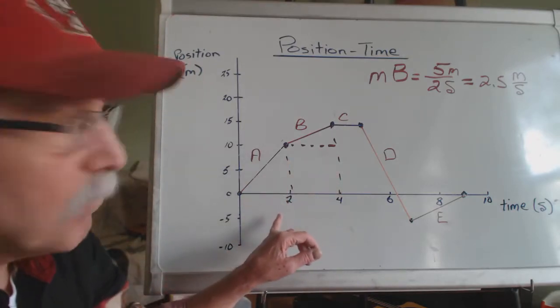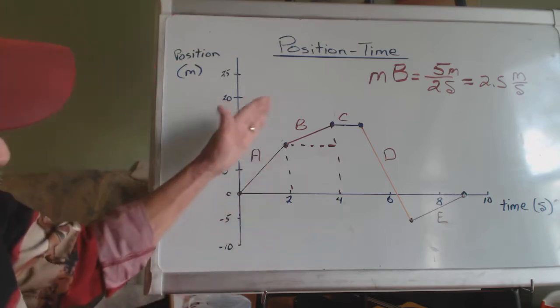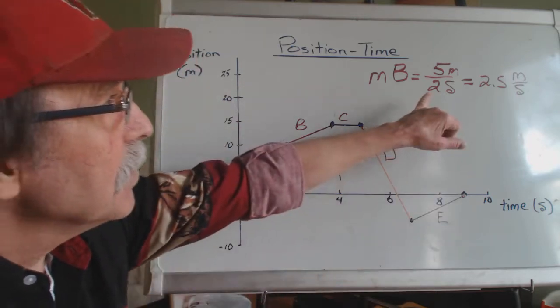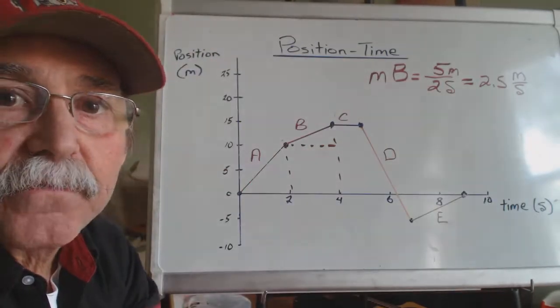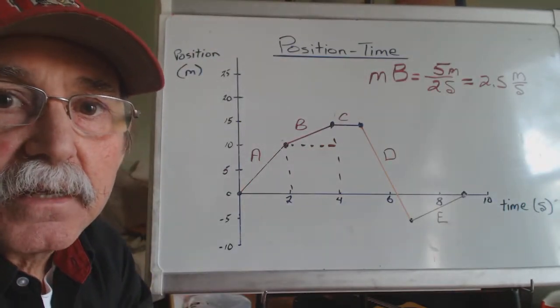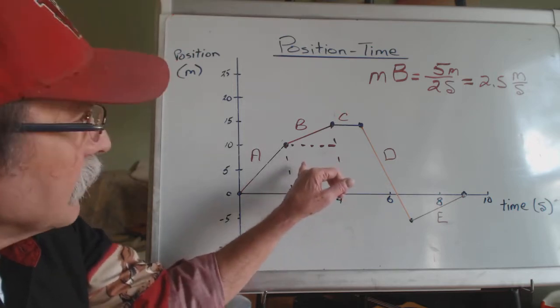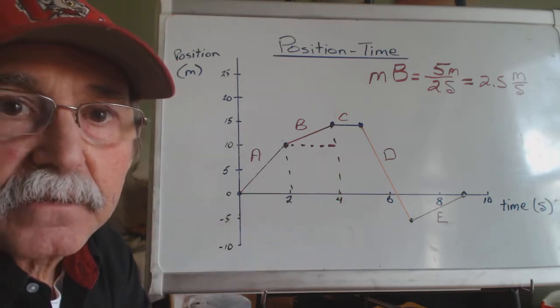At the 2 second mark, the object slowed down to a speed of 2.5 meters per second in the positive direction and stayed that way for 2 seconds.